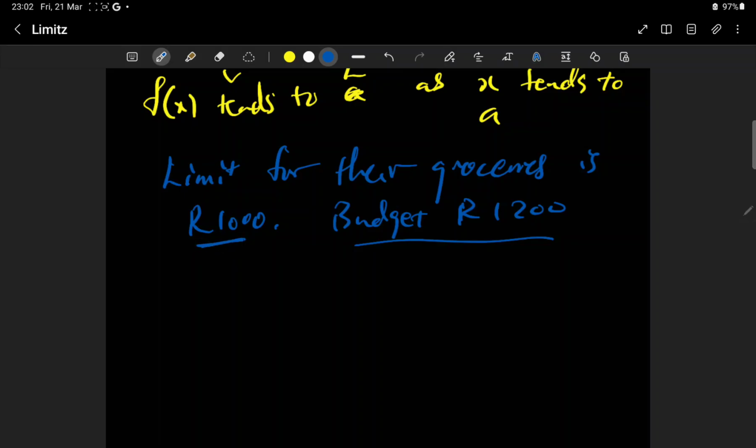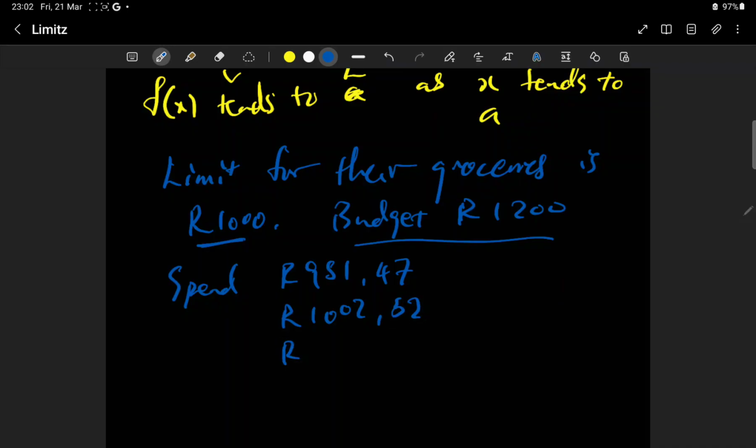What they mean in most cases is that they don't spend 1,000 on the dot. Maybe they spend 951.47 and they'll still be fine, or maybe they spend 1,002.52, they'll still be fine.